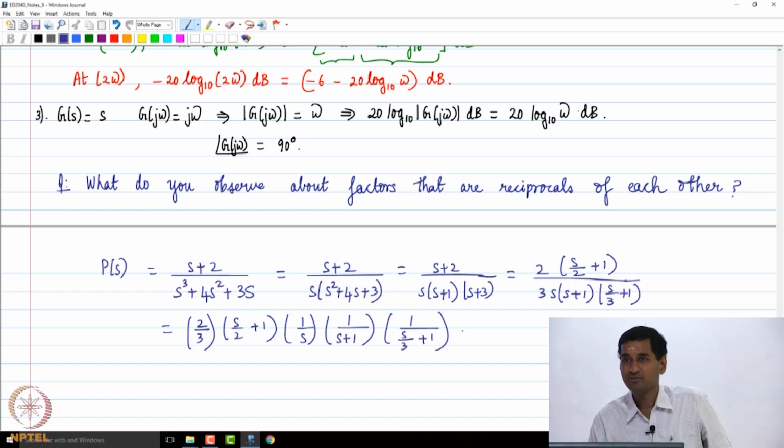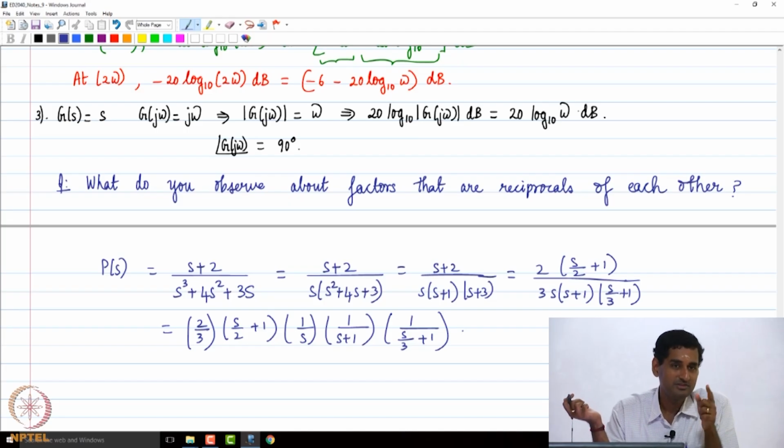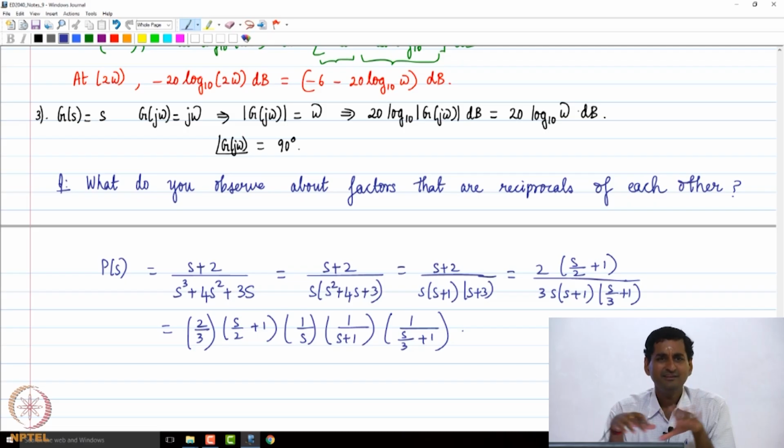Is it clear how we broke it down into the factors? Even if you have an s plus a term, you pull a out so that the constant becomes one, and then you factorize all the constants, and you get some constant outside. That is okay.